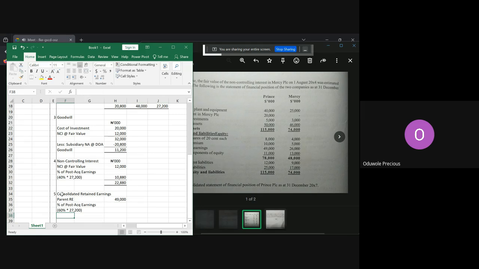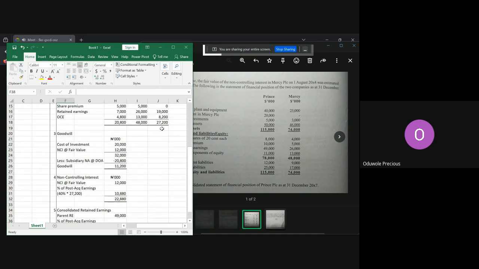To get your consolidated earnings, that will be your parent retained earnings plus percentage of post acquisition earnings. Now, I can choose to use this 27,200. But it's not in every textbook or every calculation that they will do it.